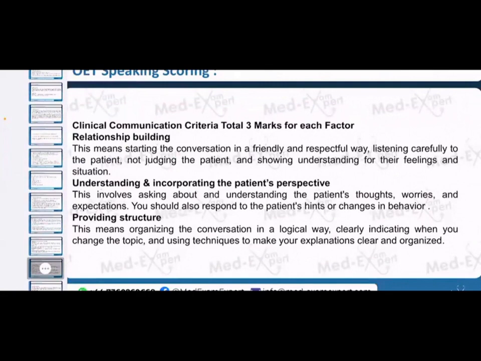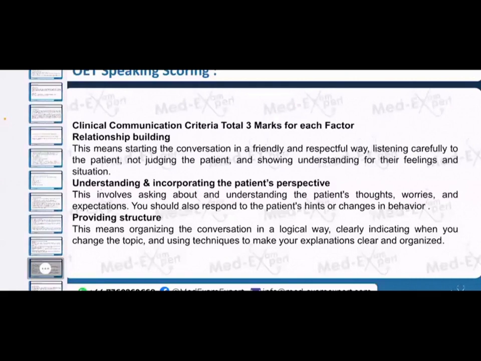Now we are discussing clinical communication. In clinical communication, the first factor is relationship building. Most of the time in a healthcare setting, the patient is not interested in talking to a doctor. So you should make him or her comfortable, that you are the one who is going to provide care.